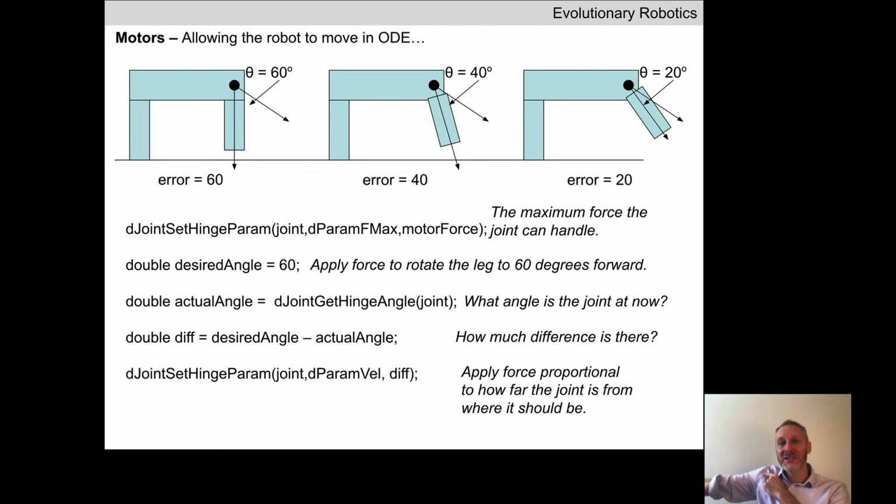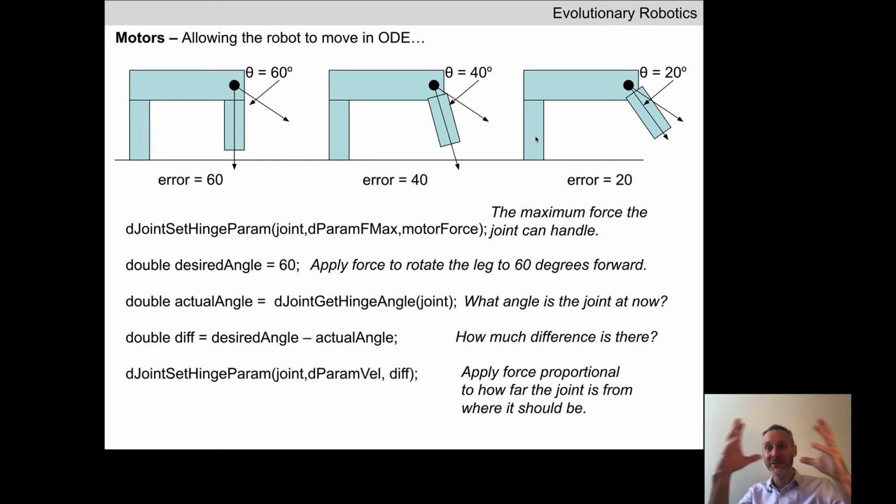The leg might start to sag a little bit back, be pulled back by gravity, which means the difference between the desired and actual angle increases a little bit, and a little bit more force has to be applied. So as Missy mentions as well, we're trying to approach this limit. We also are ignoring the movement of the other legs and the movement of the robot as a whole.